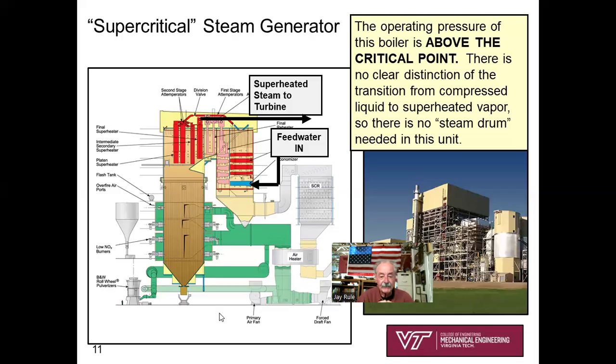I sort of misspoke. Now on the condensation process, certainly it's under the dome, but on the boiling process, the feed water never gets under the dome. It stays above the dome from compressed liquid all the way to superheated vapor. So supercritical boilers are real and are commonly observed.